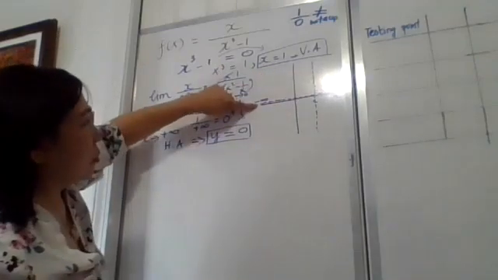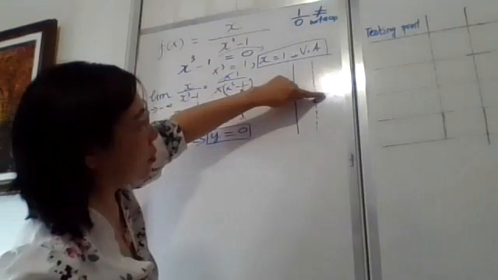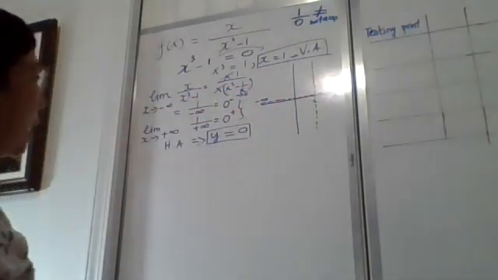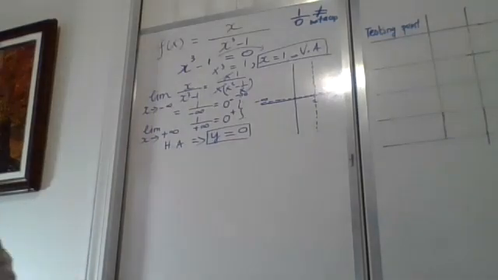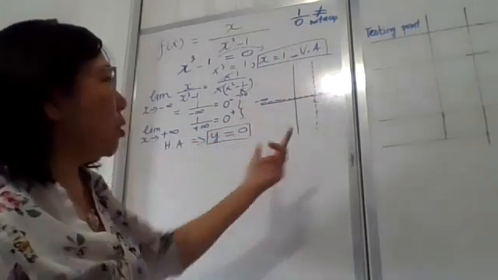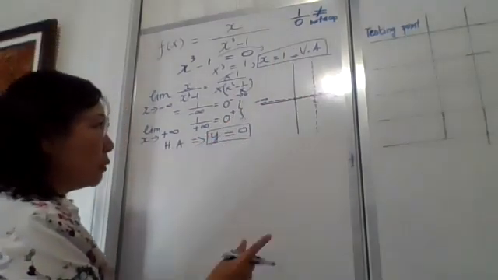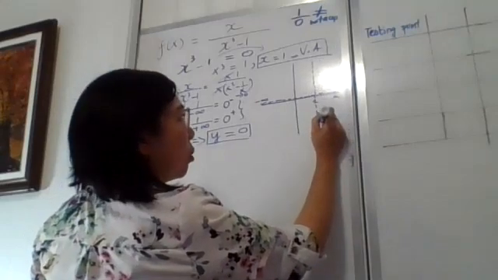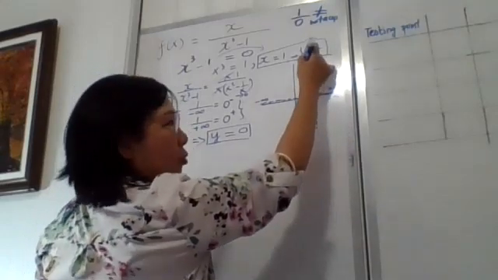The horizontal asymptote is y equals 0, which is right here. Okay, so now, what else do we have to do in terms of the limit? Whenever we have a vertical asymptote, we want to find out our function's behavior. Do we put the pen down here to draw it, or do we put it up here to draw it?